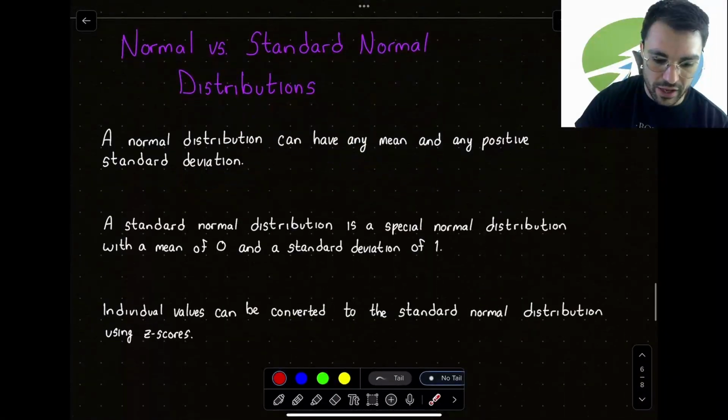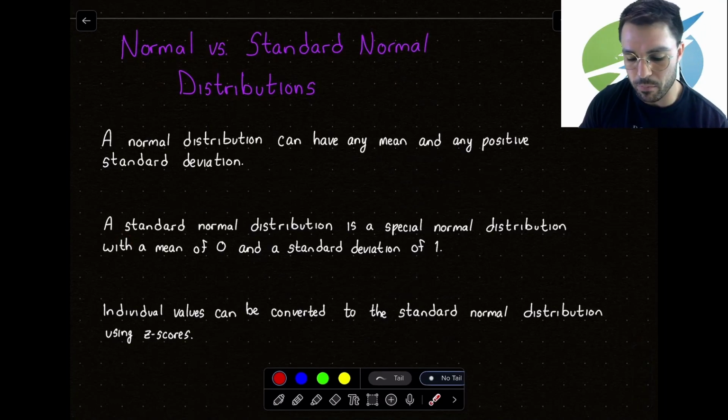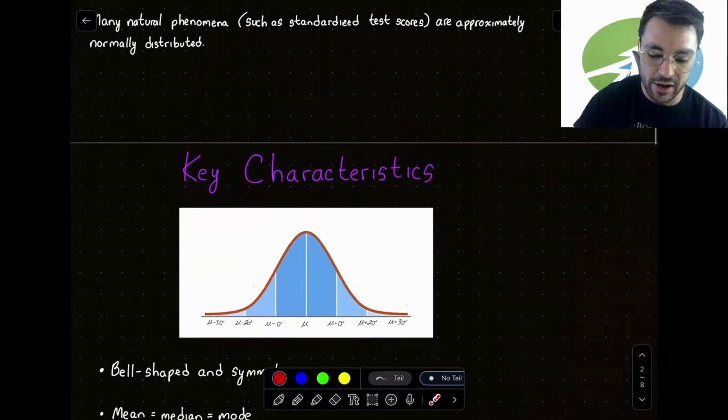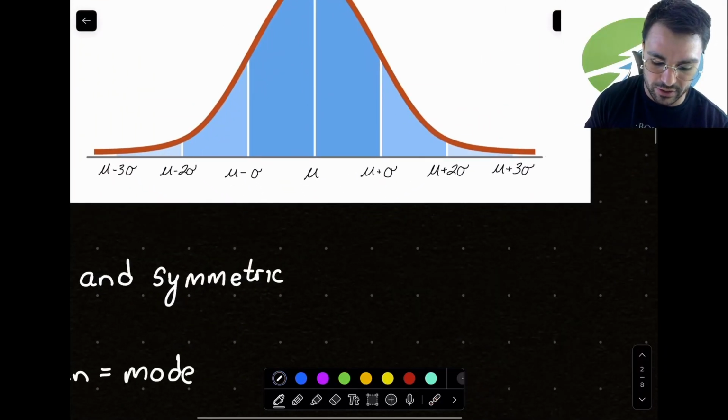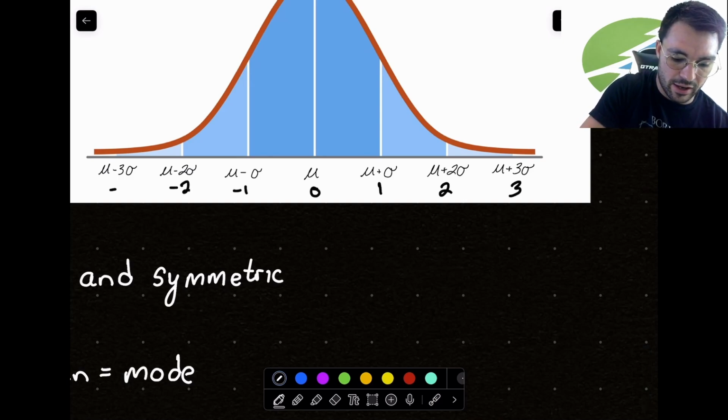So for the standard normal distribution, it's a little bit different, which again, there's more detail in the next video. A standard normal distribution is a special normal distribution with a mean of 0 and a standard deviation of 1. So the standard normal distribution would look like this: 0, 1, 2, 3, -1, -2, -3.